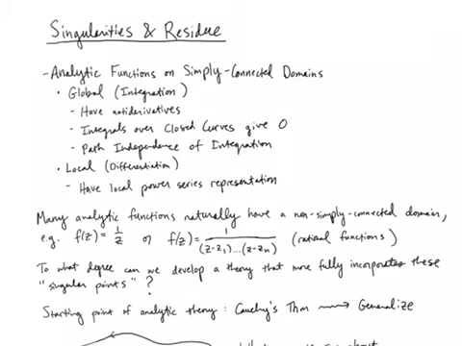We know that on simply connected domains, your analytic function has to have an antiderivative, and that the integrals over closed curves always give 0, and consequently that you have path independence of integration as well on this domain.